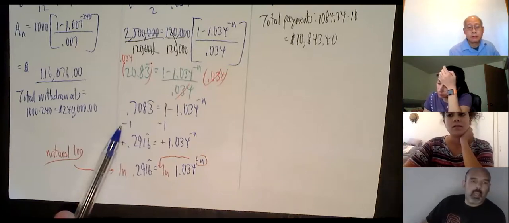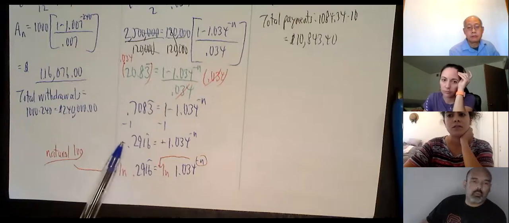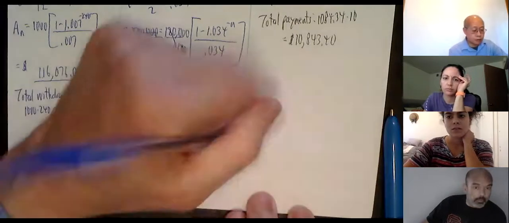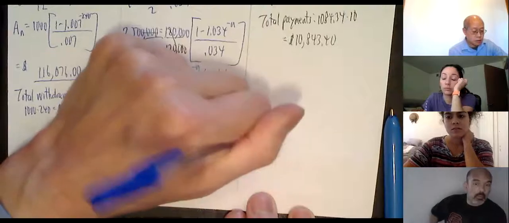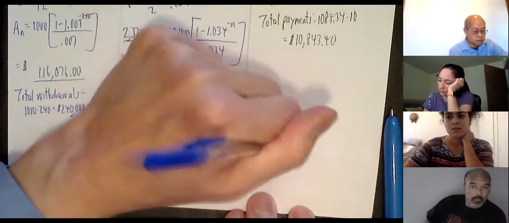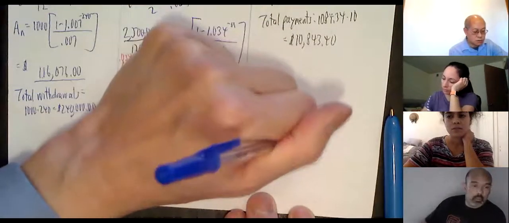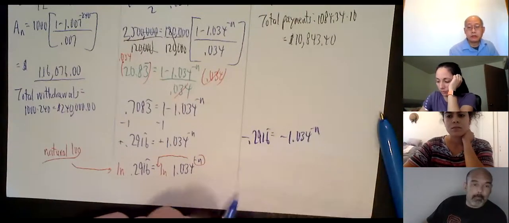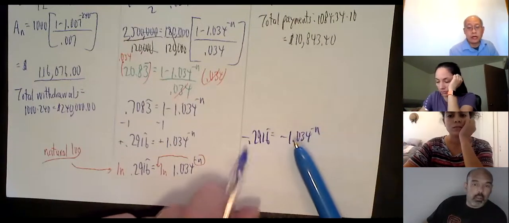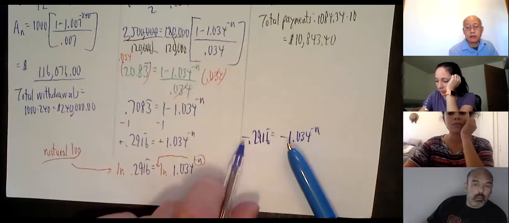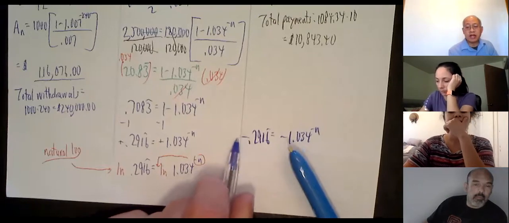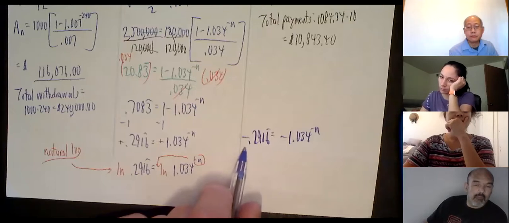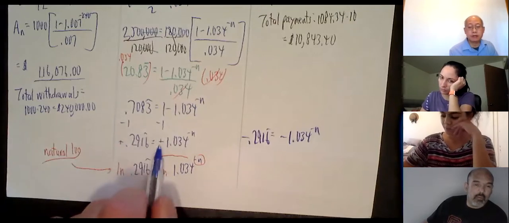And then again, why underneath do you turn it into a positive? Okay, you have a negative equals a negative. Just multiply both sides by negative 1, and they both become positive. That's a typical trick. If you have a negative on both sides, just multiply both sides by negative 1. That's what I meant by changing them to positive.